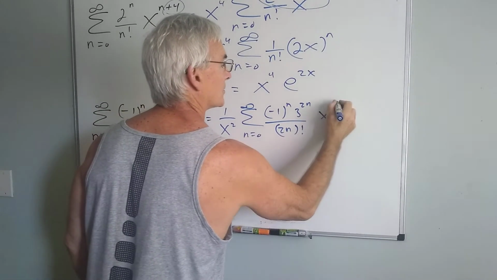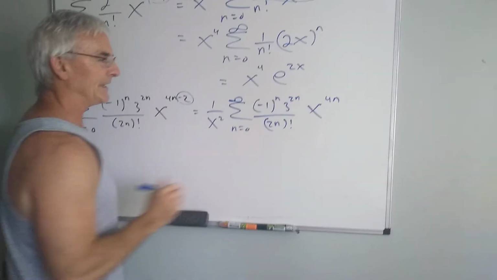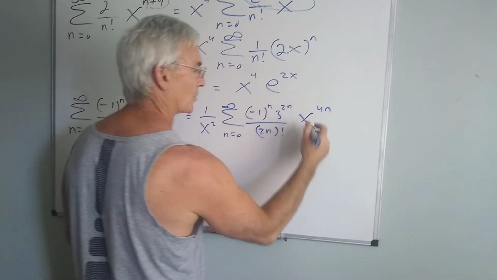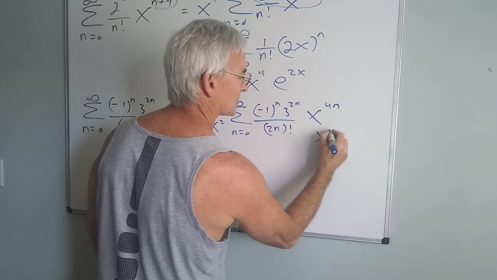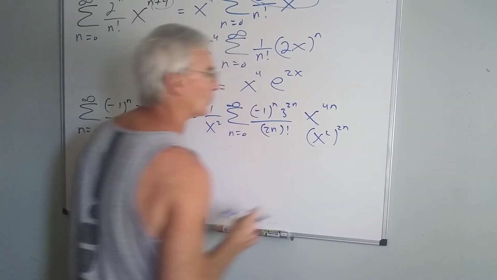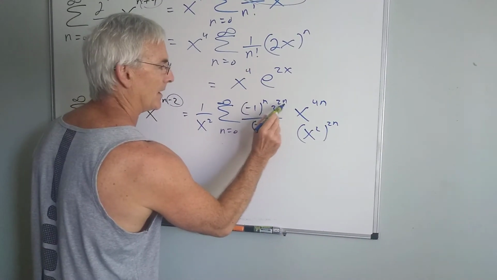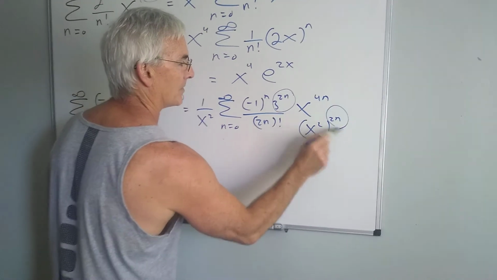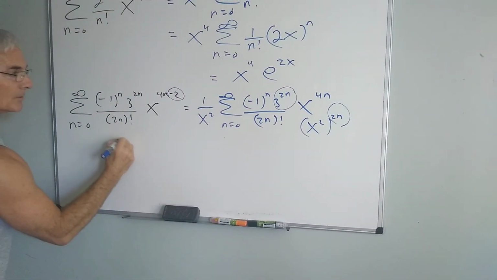And then I'd have x to the 4n, but I really need it to be a 2n. So I can also think of this as x squared raised to the 2n. Now if I look at it that way, I've got this term, I've got this term, I can put those together as 1.